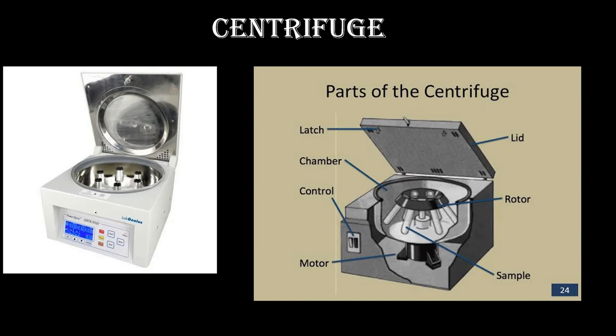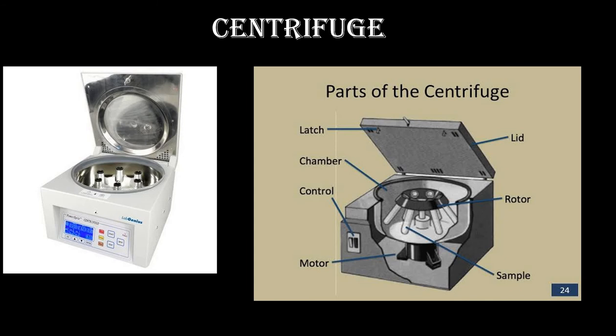Here, the centrifuge machine is shown in one diagram, and in another diagram, the parts of the centrifuge are shown with the latch, chamber, and motor, that is the rotor, with sample holders, that is test tube holders, and the lid.